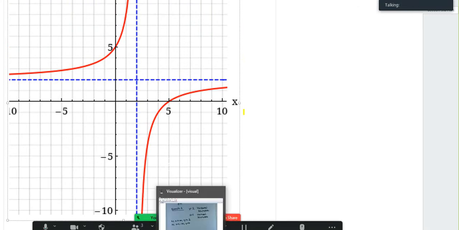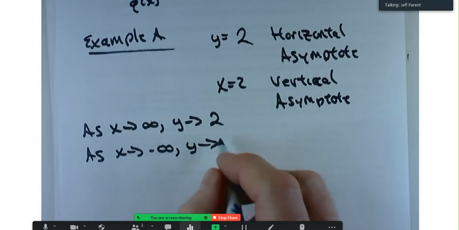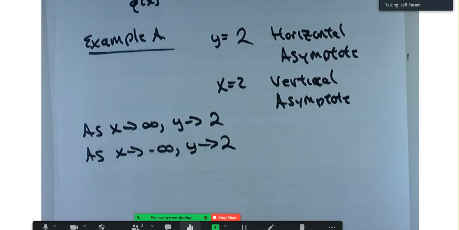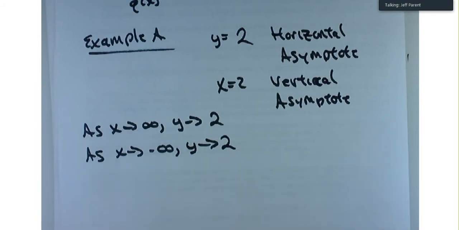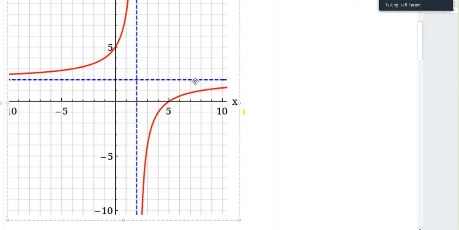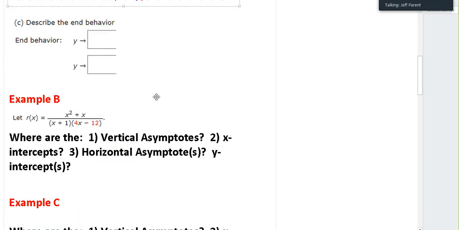Excellent. So that would also be 2. So that's typical. Now, sometimes, depending on the problem, your graph can cross the horizontal asymptote. I mean, it does happen. You're not going to see that with your vertical asymptotes, but it can cross the horizontal asymptote. So keep that in mind as you move on.